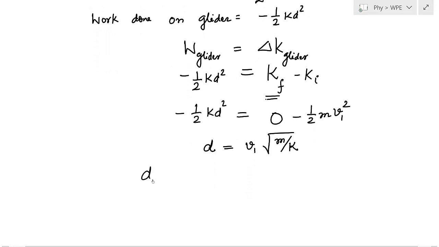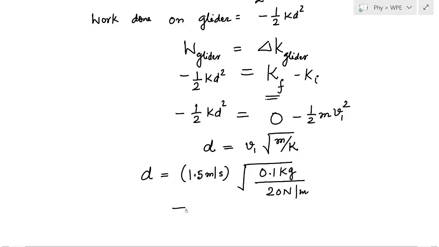Now we can plug in all these values. v1 is given, that is 1.5 meter per second, and the mass of the glider is given, that is 0.1 kg, and the spring constant is given, that is 20 Newton per meter. Now if I solve all this, it will come 0.106 meter or 10.6 centimeter.